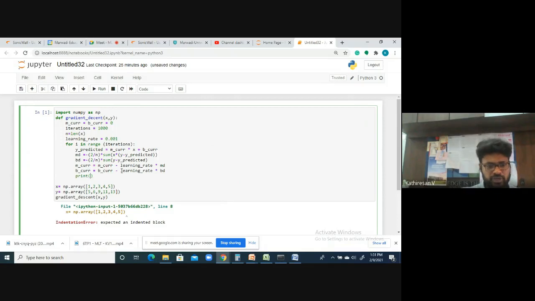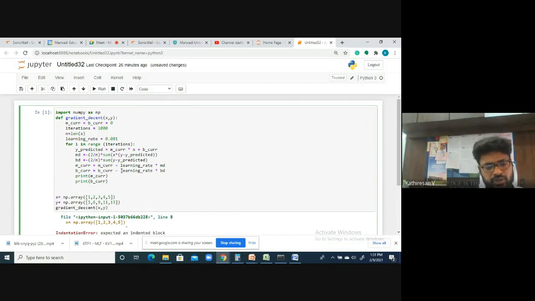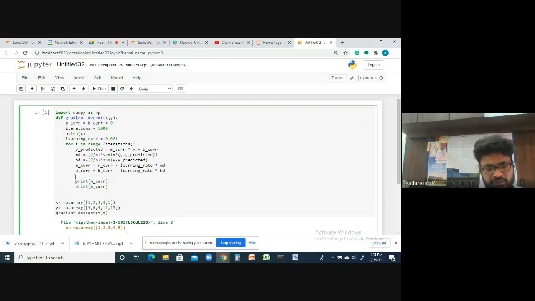So we have to print m current, that is the m value, and we have to print b current, and we have to print the cost also. Cost is main, but we haven't calculated cost yet.